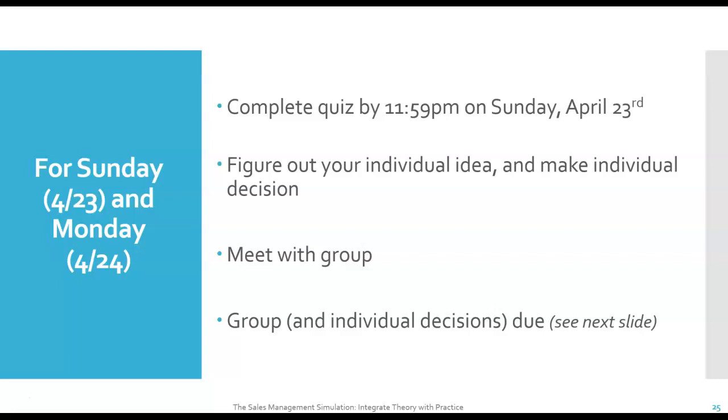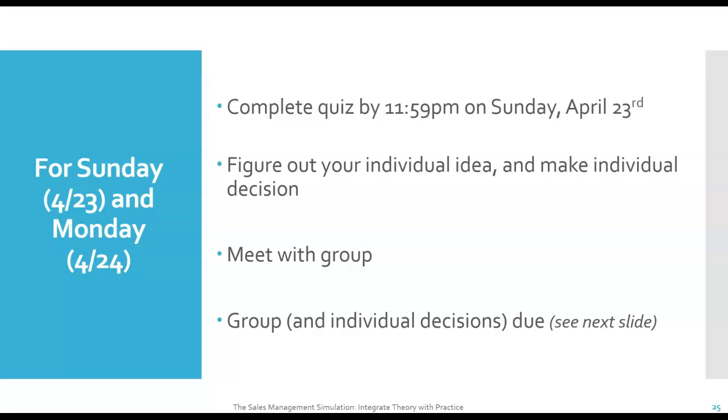Next steps. Complete the quiz by 11:59 p.m. on Sunday, April 23rd. That will be based off of going through the slides and watching these videos. Then you need to meet with your group. Make sure that your group has made a decision, but before that, you need to make your individual decision.